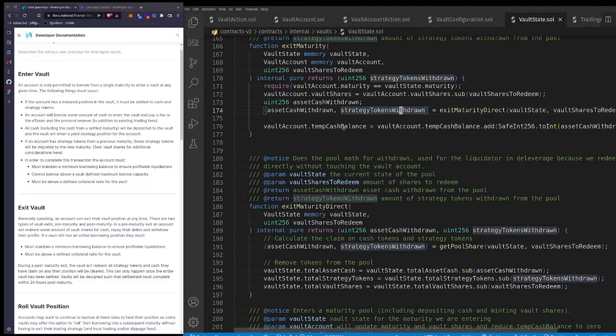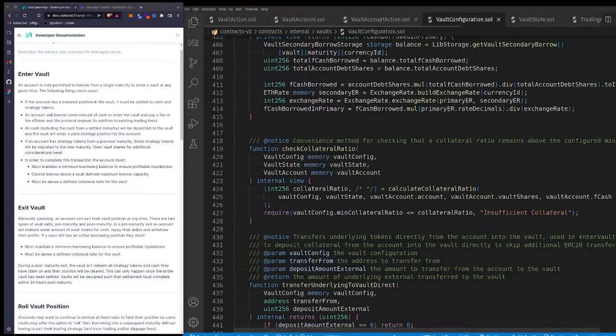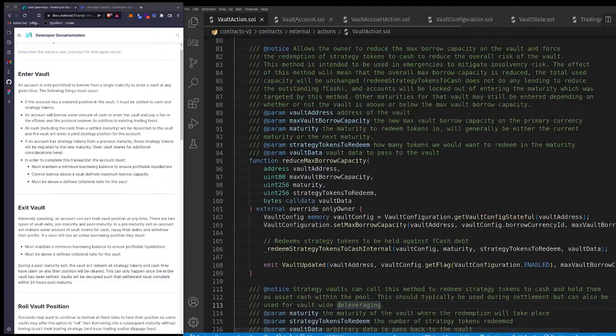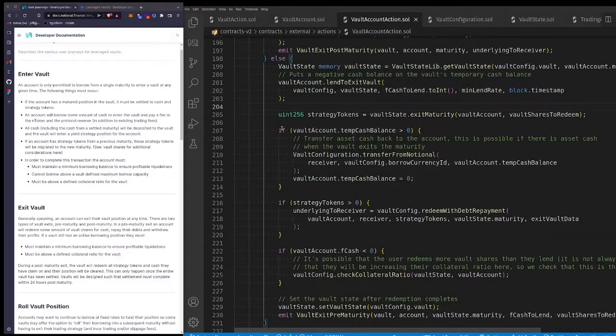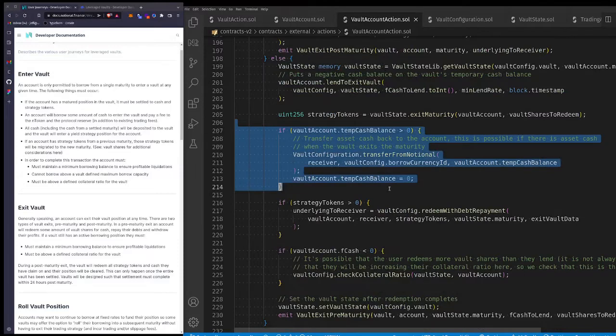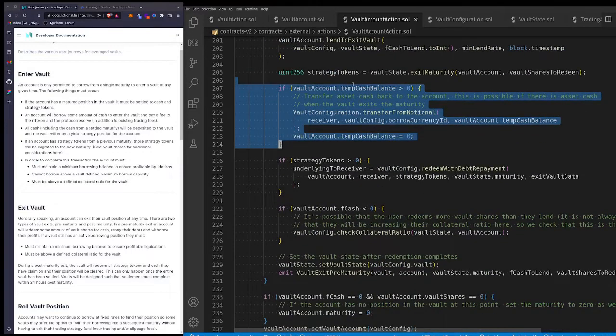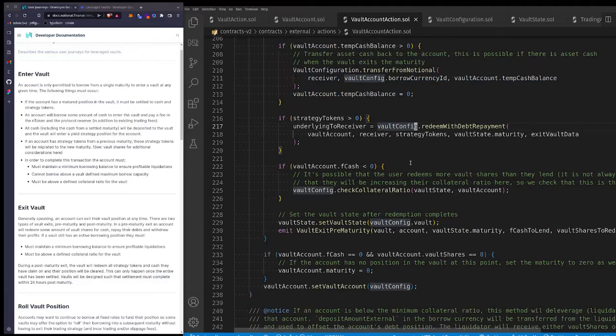The cash is used to offset the cost to lend, and if there is any cash, that will be transferred back to the account. If there are strategy tokens that need to be redeemed, in this case, we will call redeem with debt repayment.